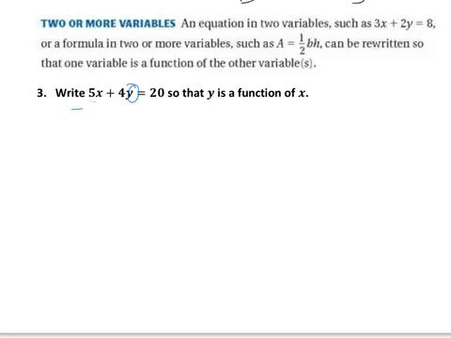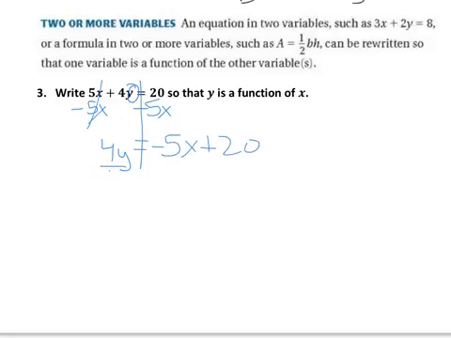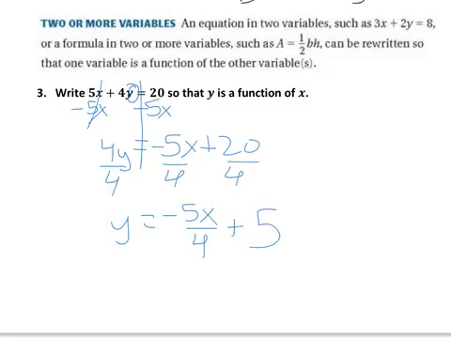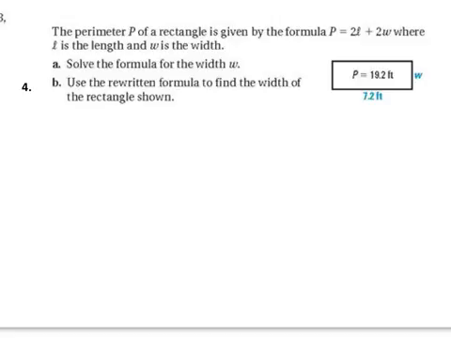So I got to get rid of the 5x. That's gone. You have 4y equals negative 5x plus 20. Divide each piece by 4. You get y equals negative 5x over 4 plus 5. Okay? So there we go. Let's take a look at some more.